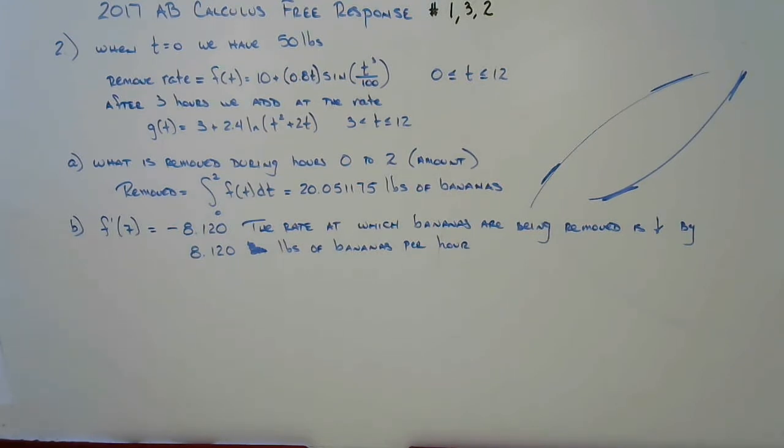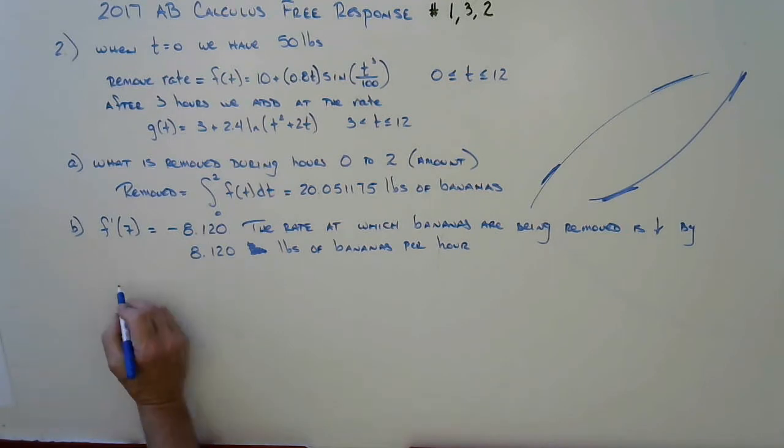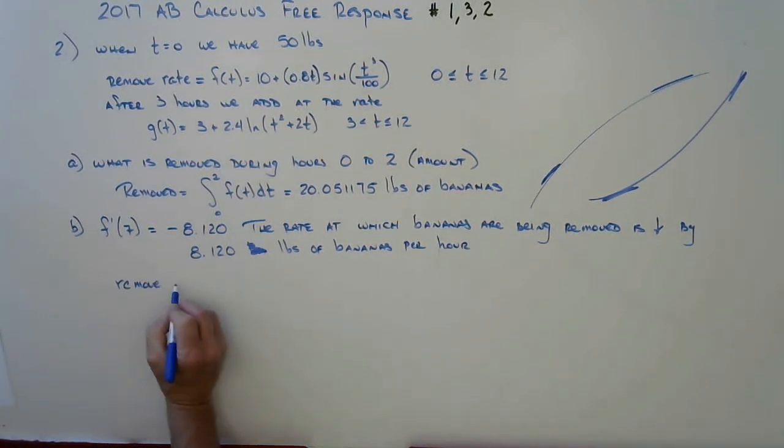Now part C says, is the number of pounds of bananas on the display increasing or decreasing when t equals 5? Give a reason for your answer. Well, that's going to be the removal rate, right?